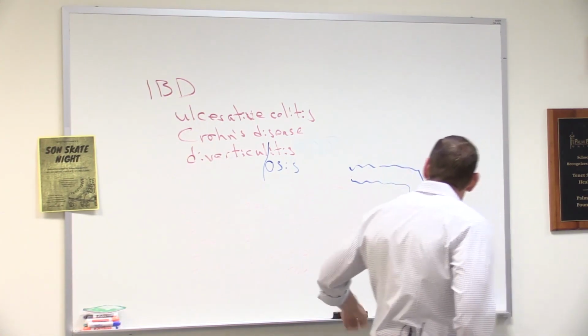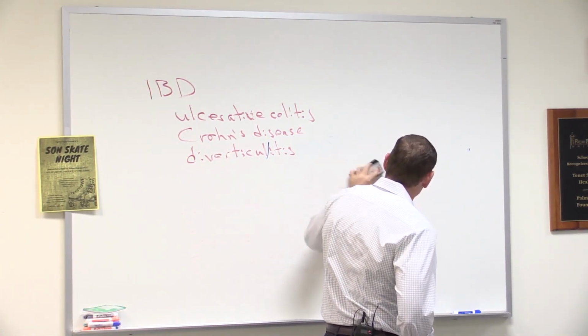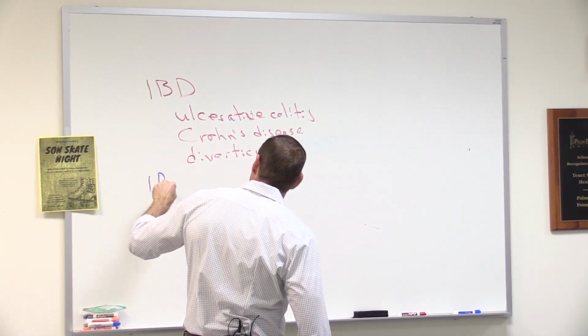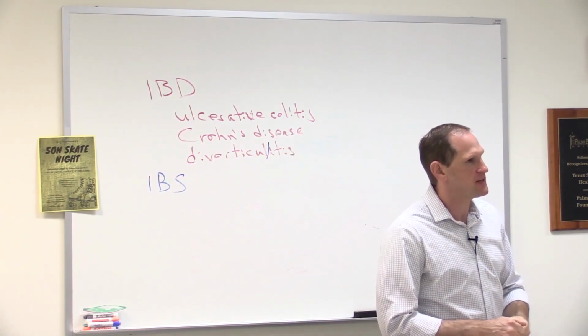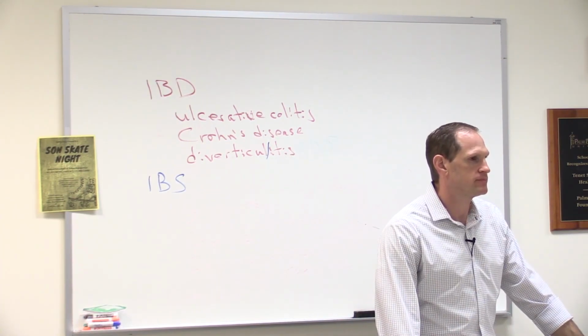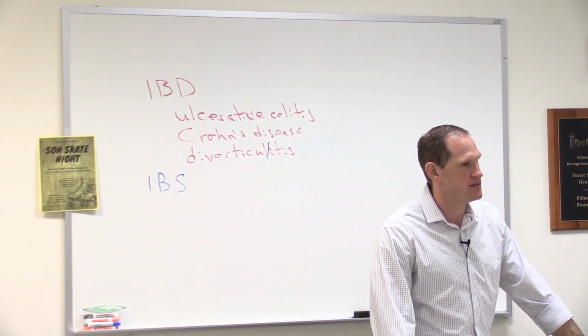Now, the last thing we have to talk about in this little area is something called IBS, irritable bowel syndrome. Now, what is a syndrome? How is syndrome different than disease?